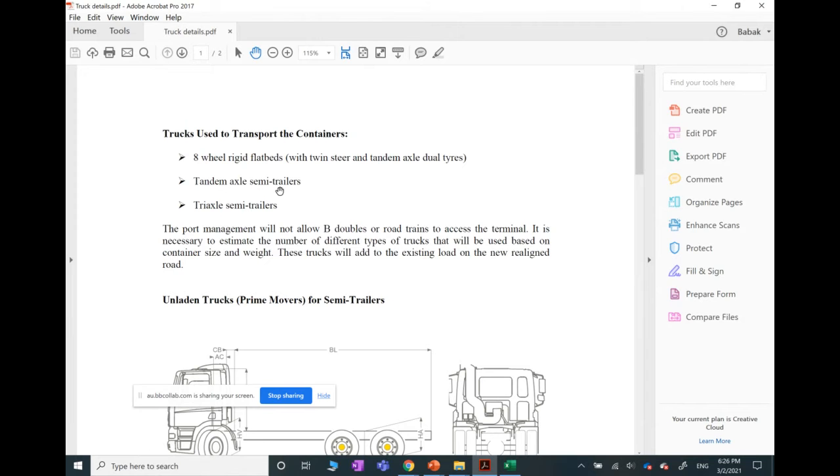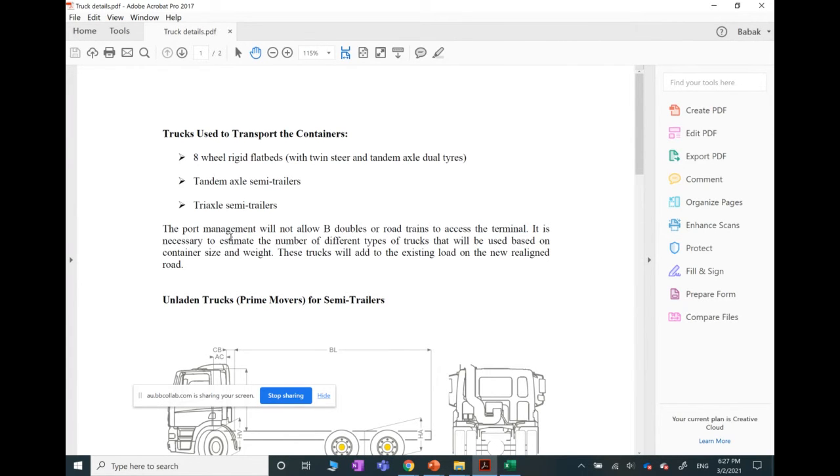The other one is tandem axle semi-trailer, and another type is triaxle semi-trailer. And the port management will not allow us to use B-doubles or road trains to access the terminal. So we cannot use those types of vehicles.